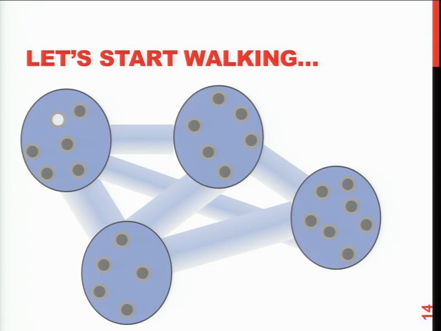Remember that when you are taking the walk, you don't know these partitions. The goal is to find the partitions. But we'll start walking on the graph, starting from some arbitrary node, and we'll see what happens.